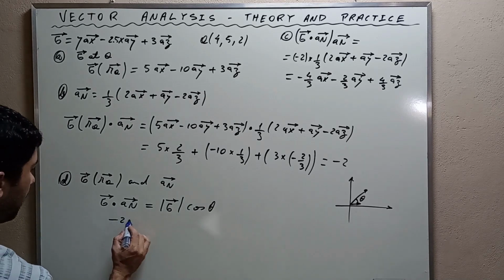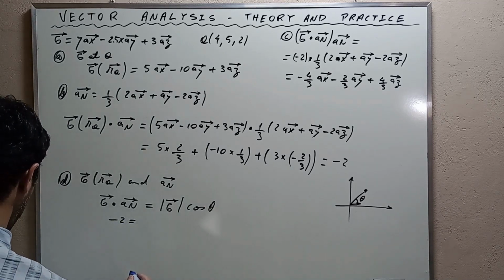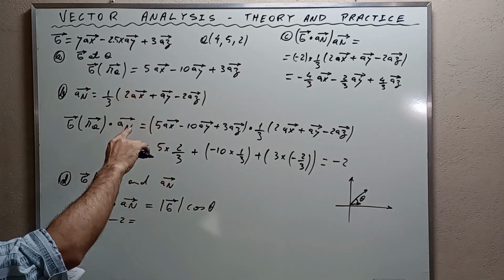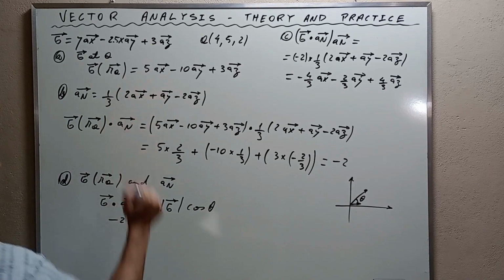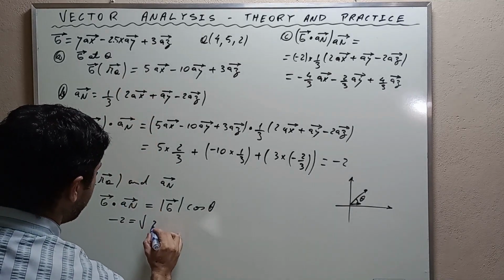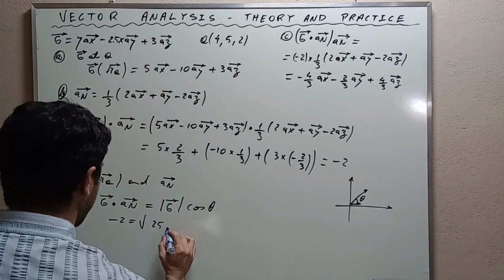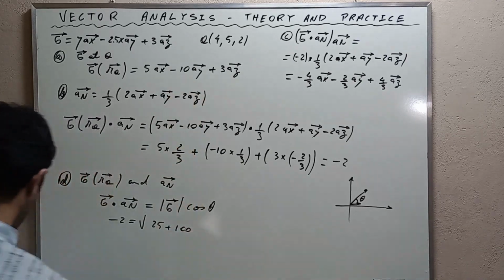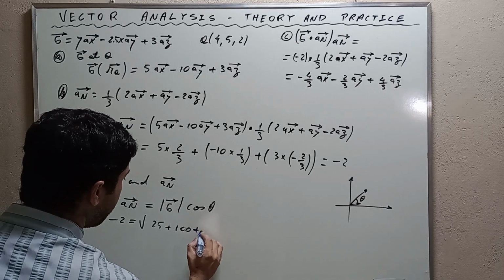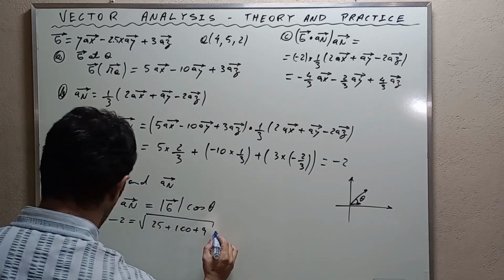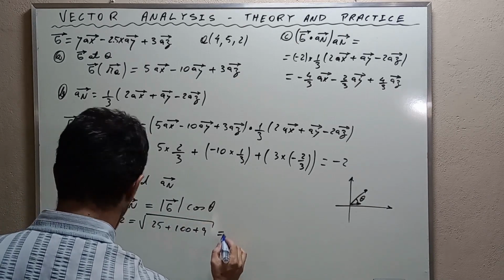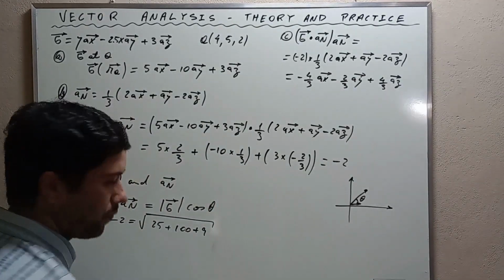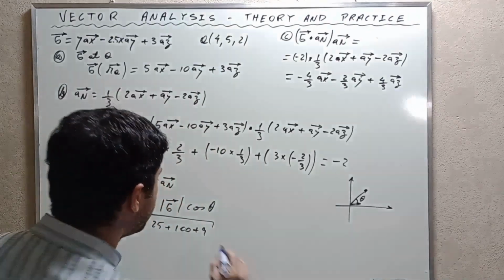Negative 2 is equal to the magnitude of this. The magnitude of this is the square root of 25 plus 10 squared 100 plus 9, times the cosine of theta.